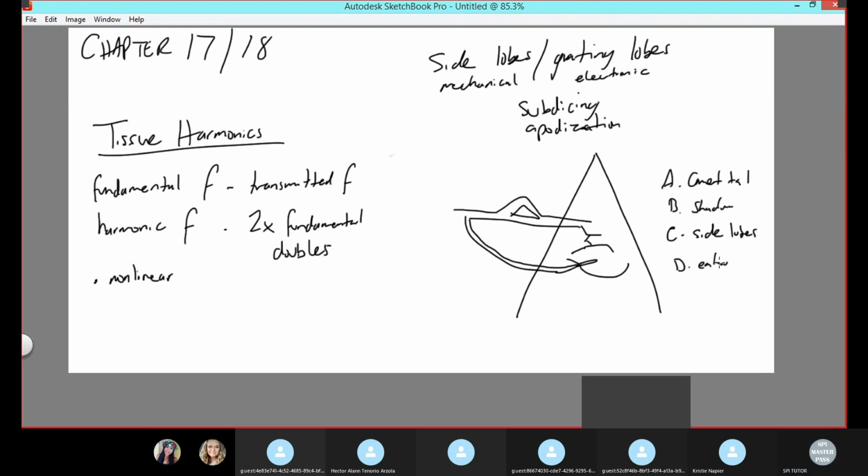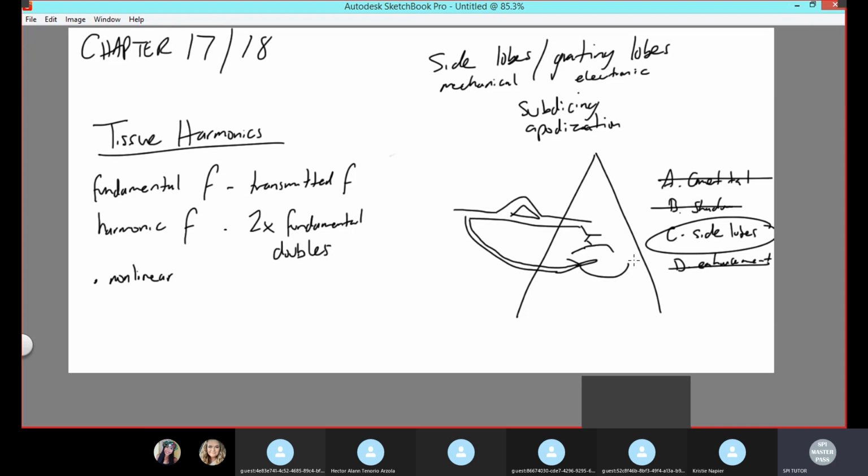Let's say they write those as my artifacts. For me, it would be more of a process of elimination. Like I would look for, do I see a comet tail anywhere? Because I know what comet tail looks like. Do I see a shadow anywhere? So for me, it would be more along those lines and picking the one that I haven't been able to prove, right? But I was at least able to prove that it wasn't these other guys. So whenever I have to make an educated guess, that's the way I approach it.